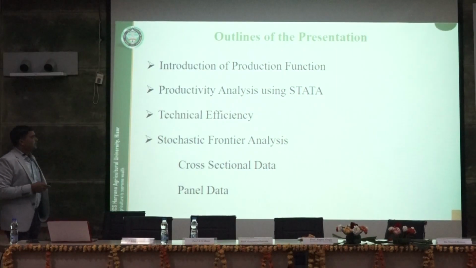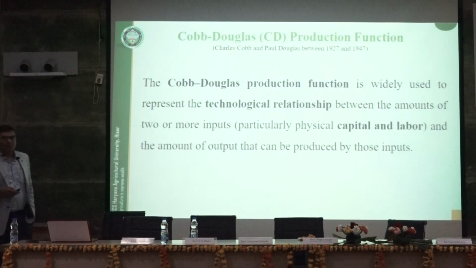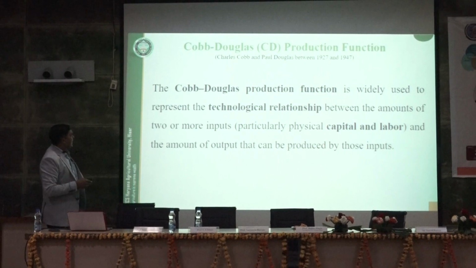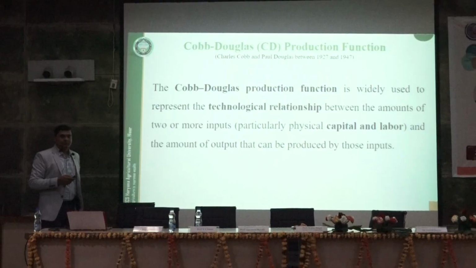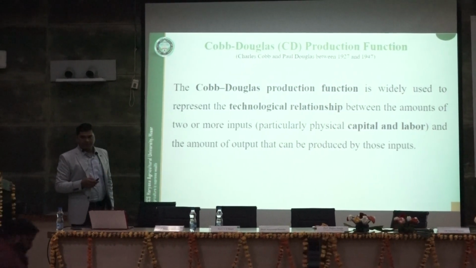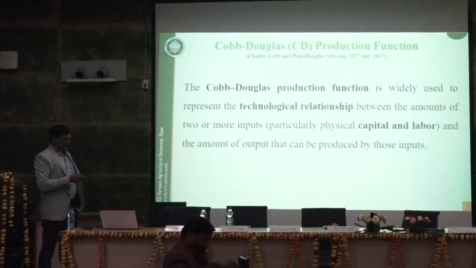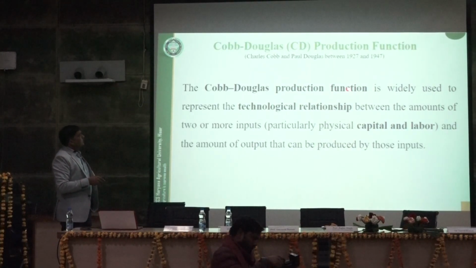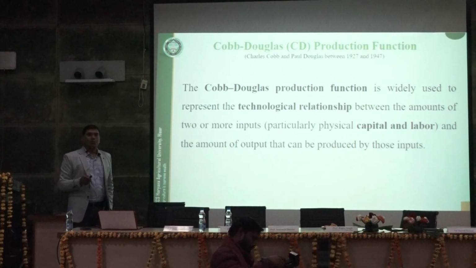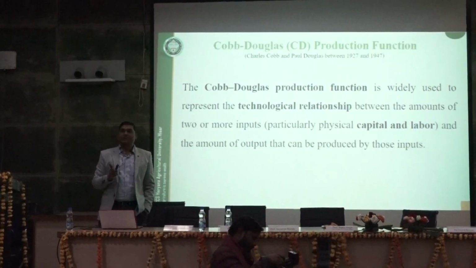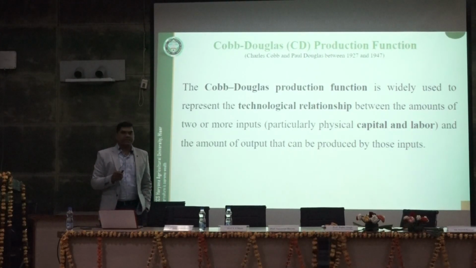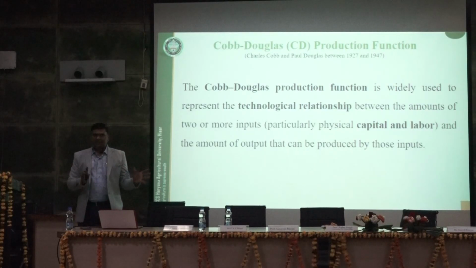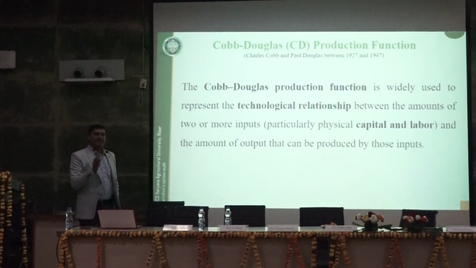Okay. For simplicity, I have used the Cobb-Douglas production function, which was given by Charles Cobb and Paul Douglas between 1927 and 1947. This Cobb-Douglas production function is the technological relationship between two or more independent variables and one dependent variable, that is output. So in any industry, there may be some production of items.